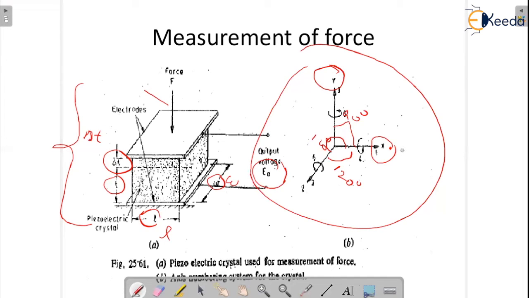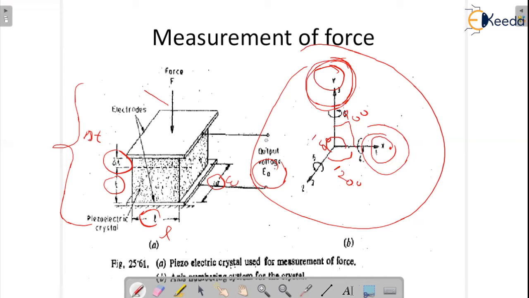Here I told you that the concept is reversible. Reversible means if electrical stress is applied in the direction of the electrical X axis, then what happens? Mechanical strain is produced in the direction of Y, which is perpendicular. Now if a mechanical stress is applied along the Y axis, then what happens?